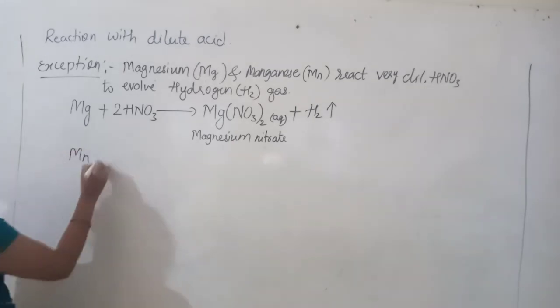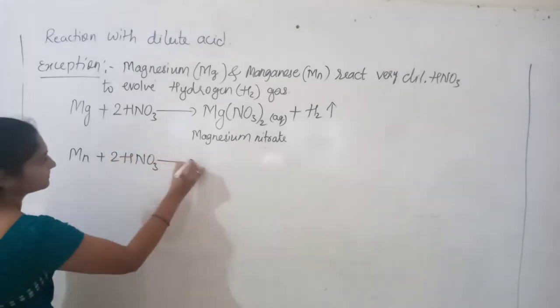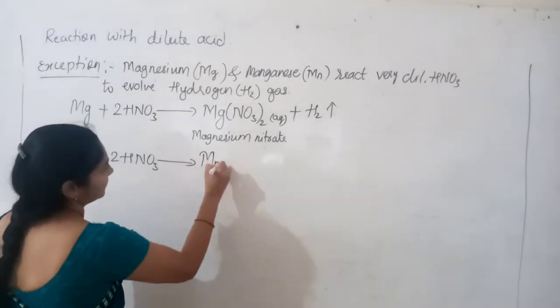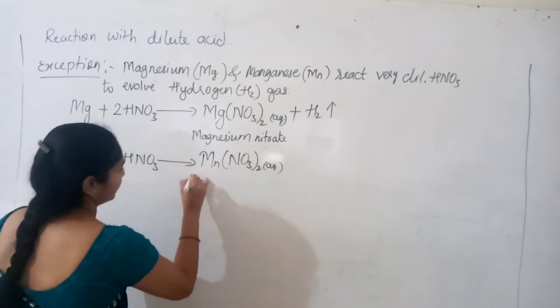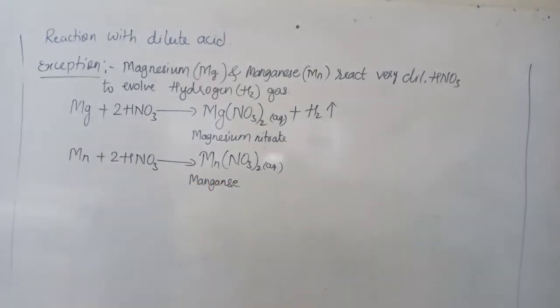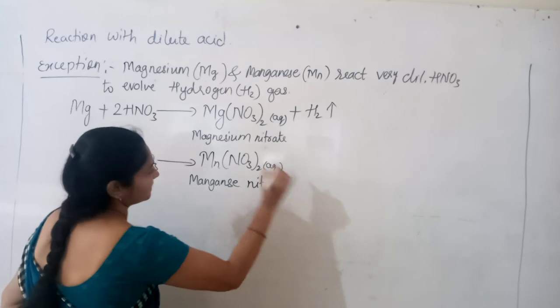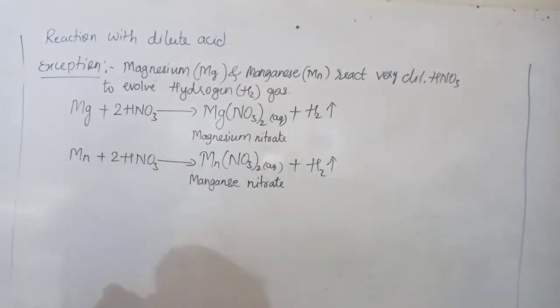Then the reaction for manganese: Mn plus 2HNO3. What is the product going to form? Manganese nitrate plus hydrogen gas.